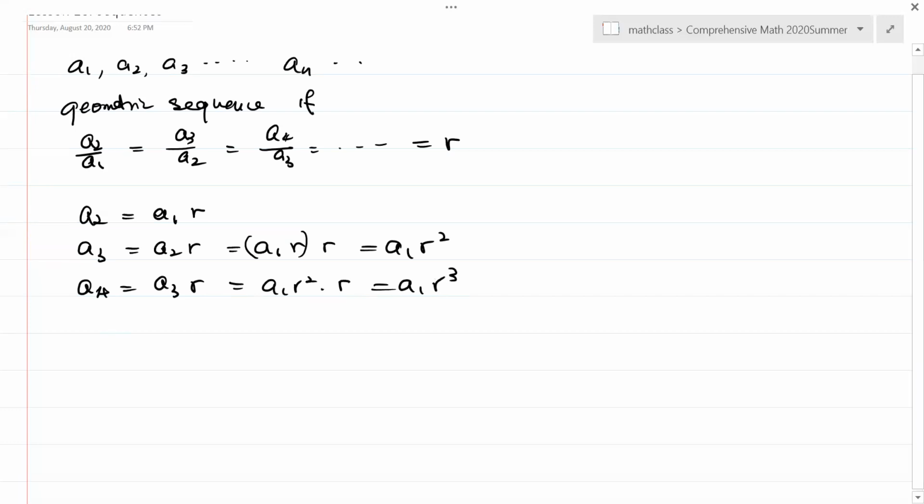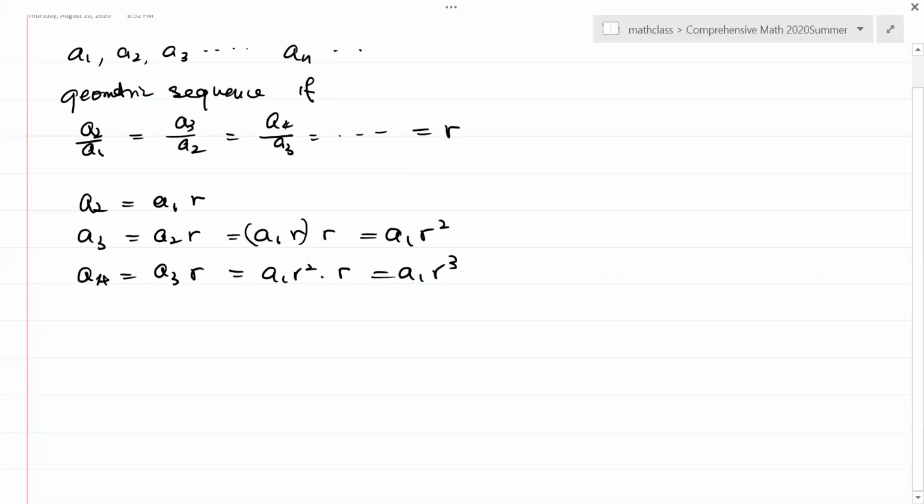Now you probably can figure out the pattern. The nth term is the first term times R to the power one less, so it's n minus 1. This is the general term. That's called a geometric sequence.